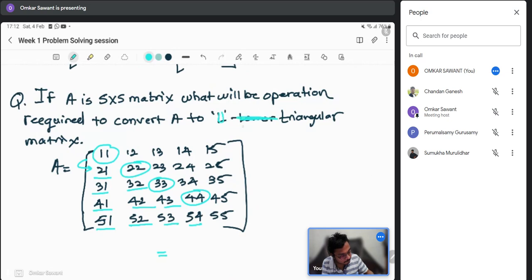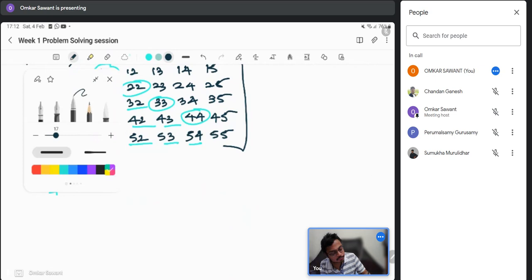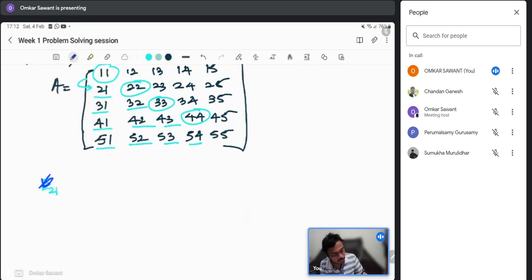Okay. I have to make these 0, so we have to do these operations. Just observe what I am writing. Whatever you have to make 0, you have to do that operation.